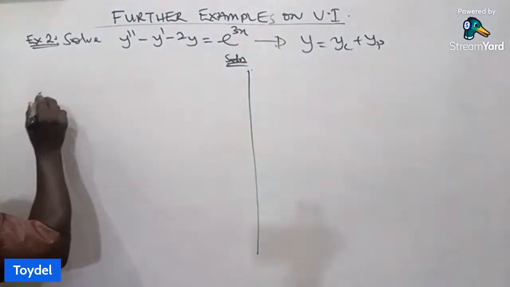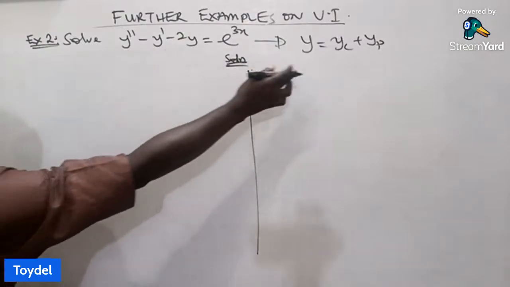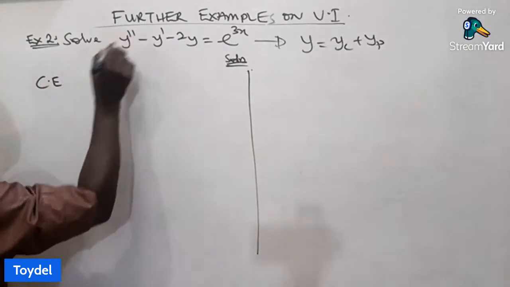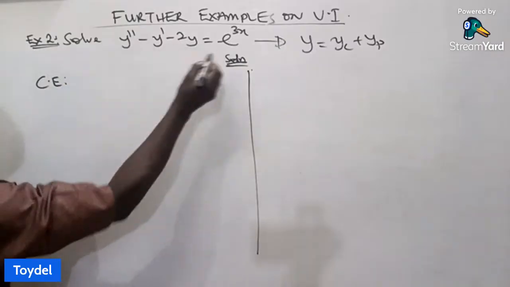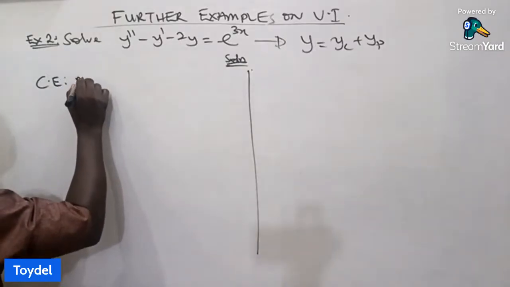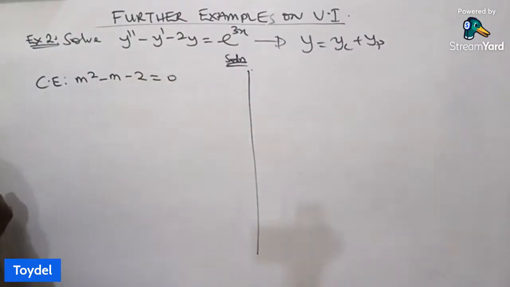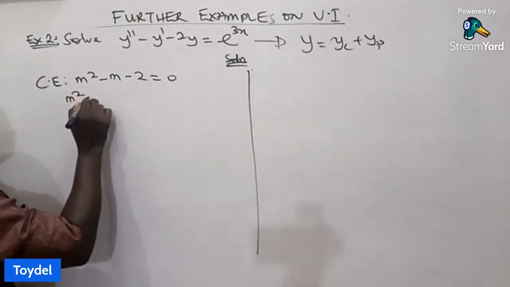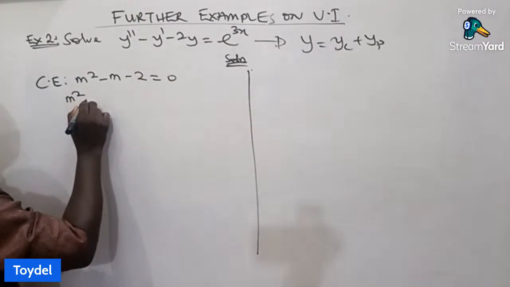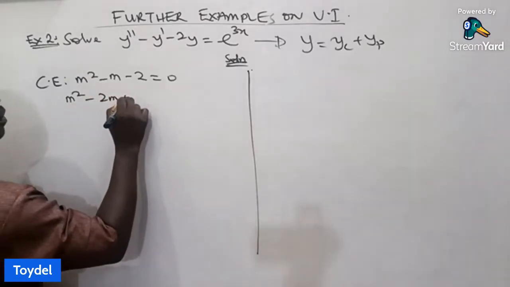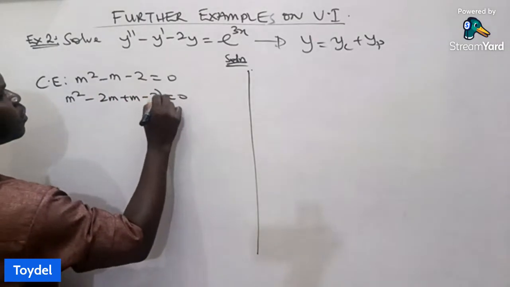So we start with the complementary solution. The characteristic equation from this question will be m squared minus m minus 2 equal to 0. This becomes m squared minus 2m plus m minus 2 equal to 0.